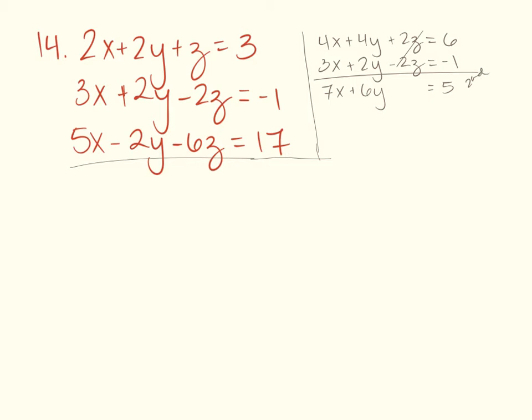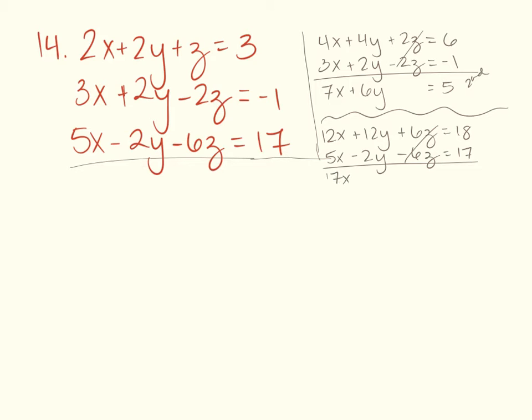So this is my new second equation. And then I'm going to transform the first equation by multiplying it by 6, and solve the system between the first equation and the third one. So the z's again cancel out.